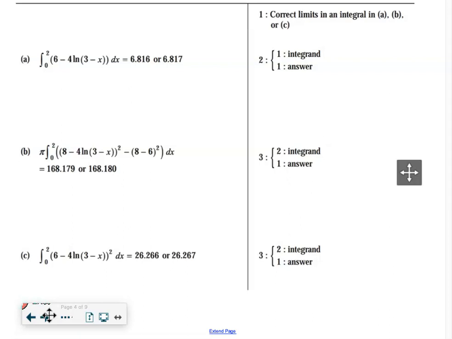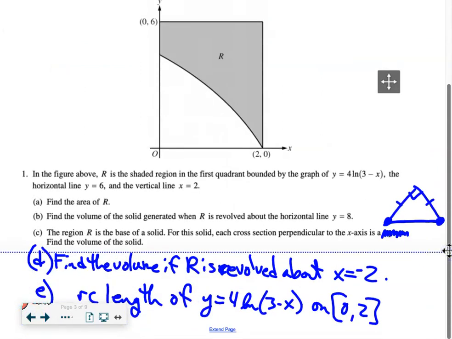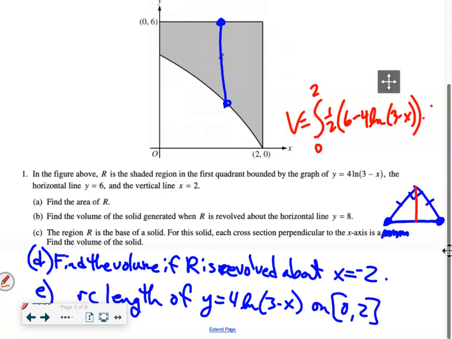The next one we modified to be cross sections that are isosceles right triangles with the hypotenuse on the base. So your base is 6 minus the log function. When you turn an isosceles right triangle on its side like this, the height is actually half the base. So for your volume, you have 1/2 times the base, which is 6 minus the log function, times the height, which is half of 6 minus the log function.